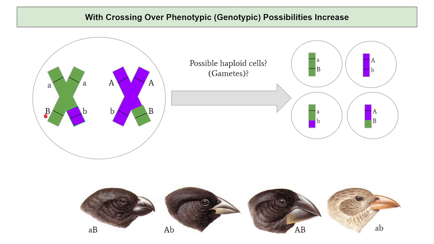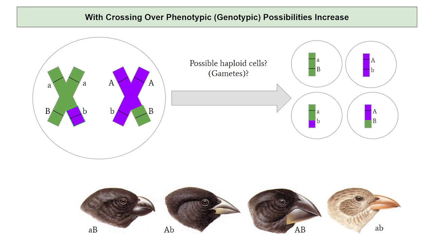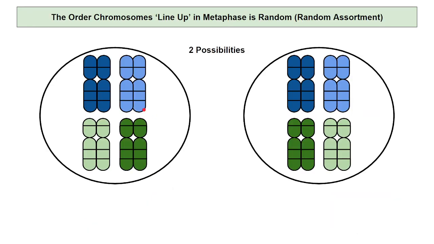Now we can have little a and big B, little a, little b, big A, little b, and big A, big B. So what we've done is through this crossing over, we have increased the amount of different genotypes or phenotypes that we can possibly have in our population. So crossing over in this specific example doubled the amount of genetic variation that we have because we are allowed to exchange information amongst our chromosomes.